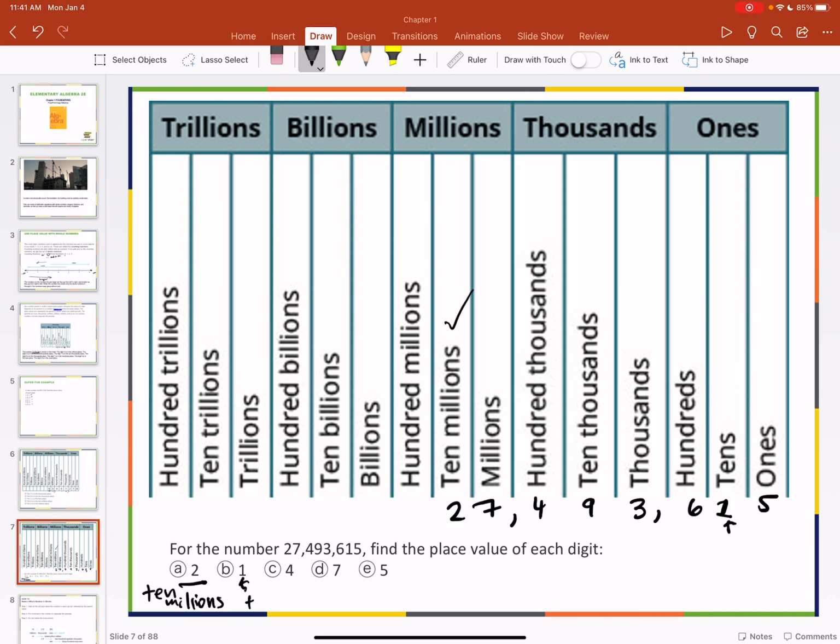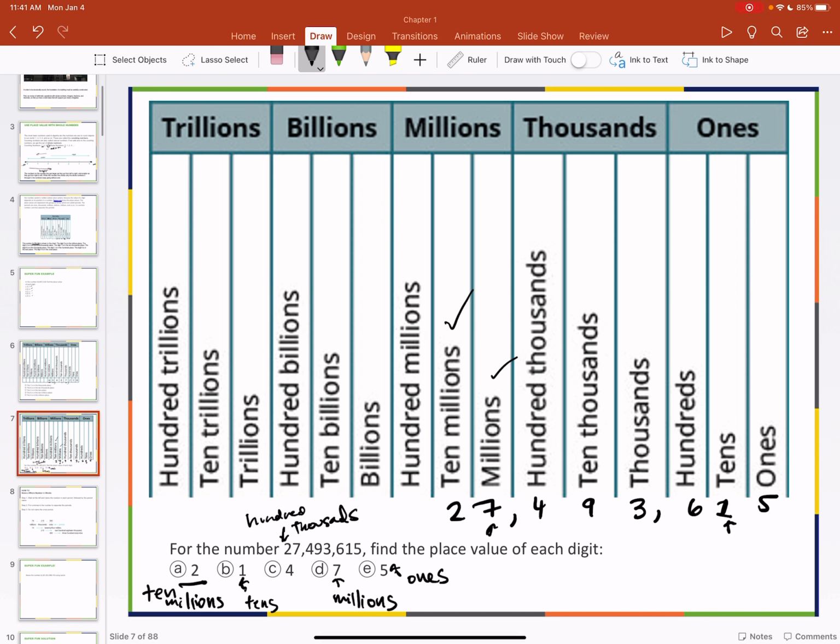The 4 is in the hundred thousands place. The 7 is in the millions place, right there. So millions would be your answer for D. 5 is in the ones place. So that's not too bad, okay? Okie dokie, so that's that.